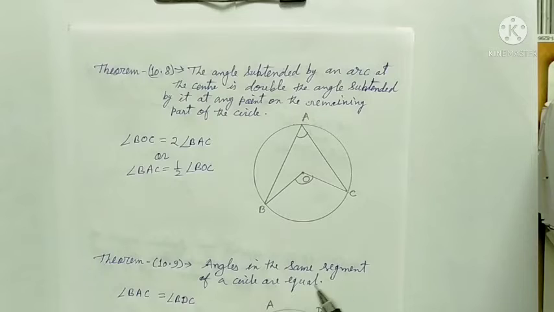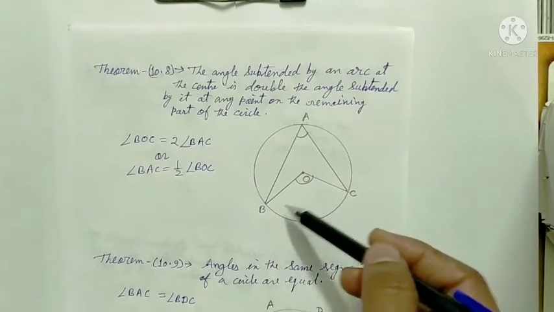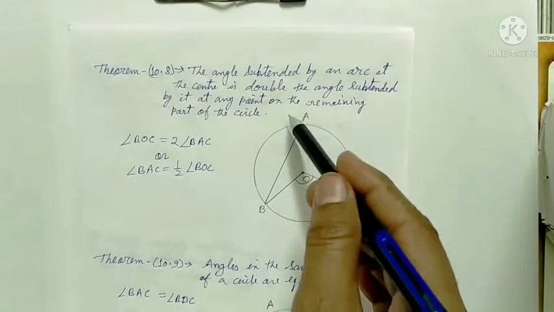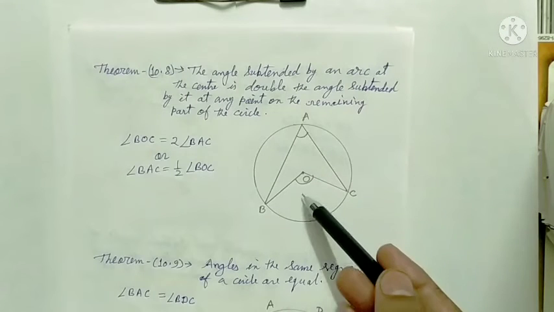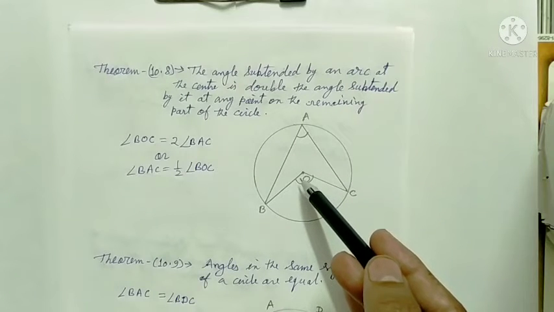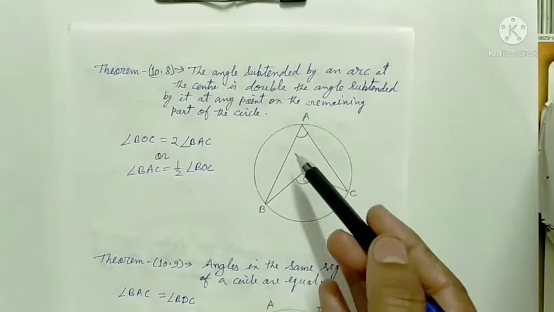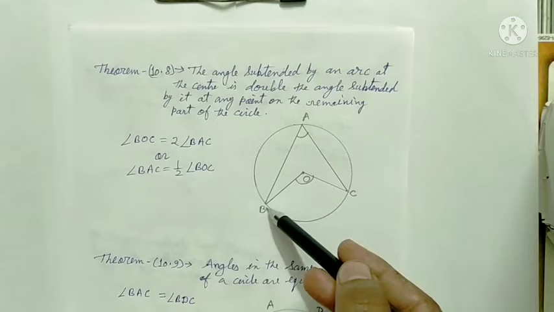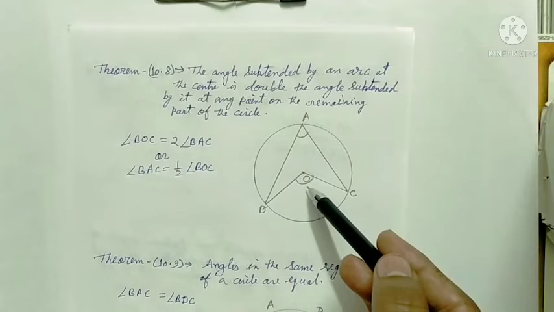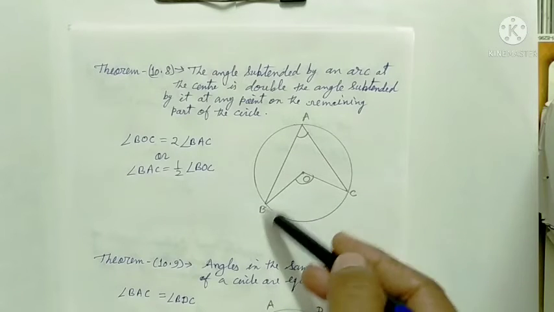Students, in this theorem, what is written? Actually, you can see this is the arc. BAC is a major arc and O is the center. The statement of this theorem is that the angle at the center, angle BOC, is double angle BAC.